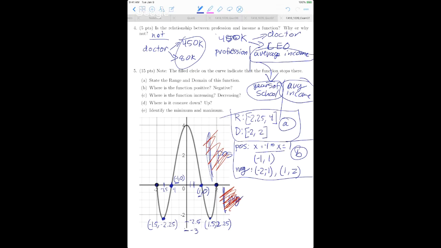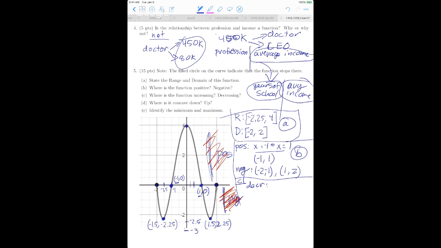Part C, where's the function increasing? Well, it seems to turn around right here, and turn around right here, and turn around in the middle right there. So there's definitely decrease, increase, decrease, increase, right? So I should have 2 answers for increasing and 2 answers for decreasing. So this will be number C. I'll do decreasing first.